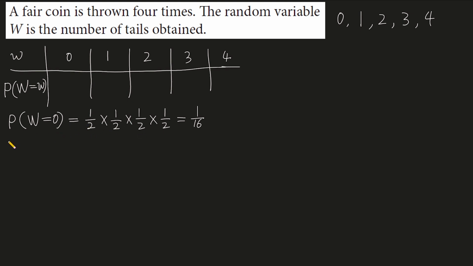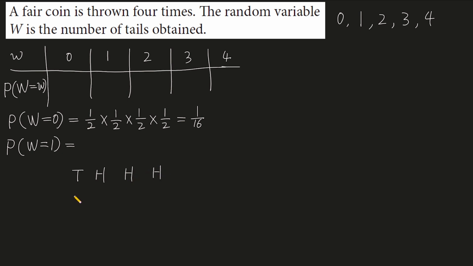Now we get the probability that the random variable equals 1. This is we get tail at 1 time and get heads on the other 3 times. This has several situations. We can get tail at the first time and get head at second time, head third time, and head fourth time.